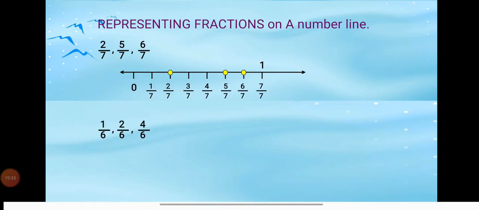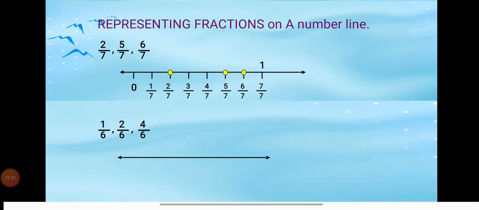1 upon 6, 2 upon 6 and 4 upon 6. As you can see here, the numerators are smaller than the denominator. So we will first draw a number line. Please see the denominator. The number is 6.